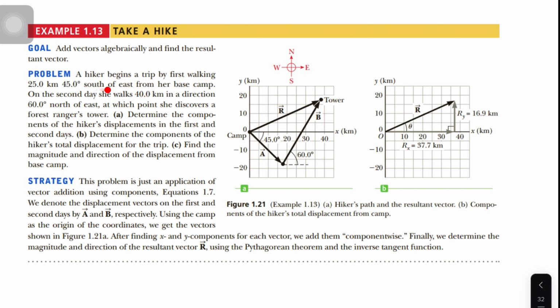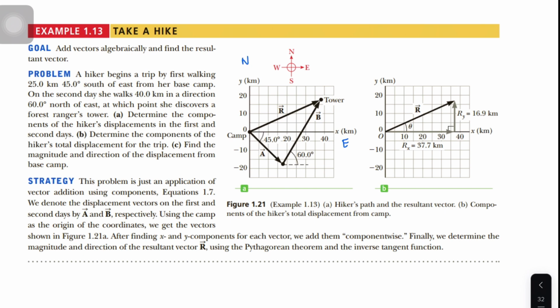So how do we visualize the information given to us? The first vector, let's say vector A, is 25 kilometers 45 degrees south of east. It means that the 45 degrees is measured from east towards south. So the east will be our reference, and we move toward the south about 45 degrees. If we're talking about north, east, south and west, here will be our east, isn't it?